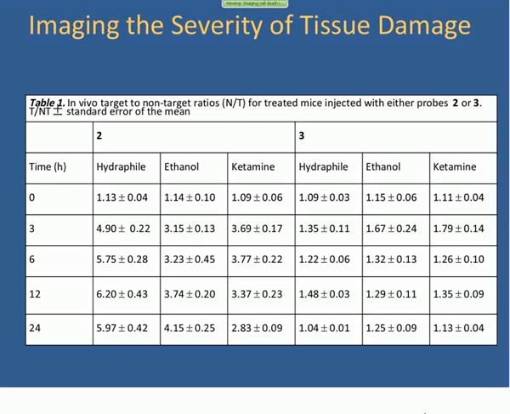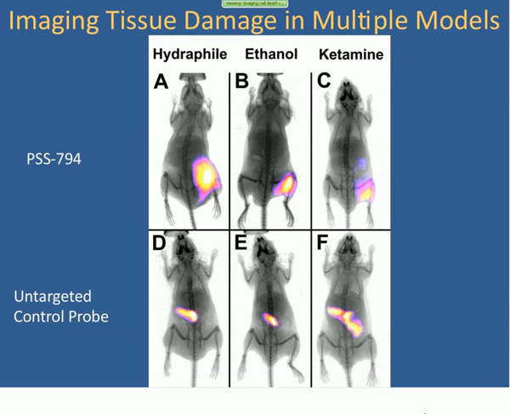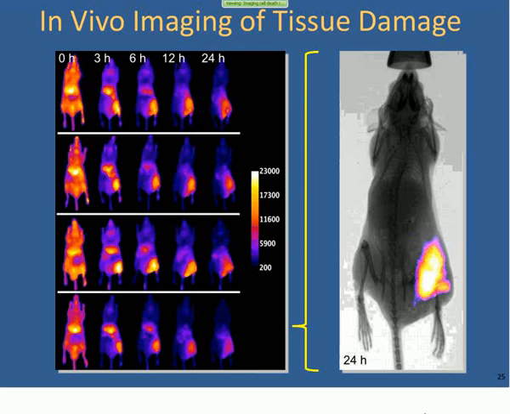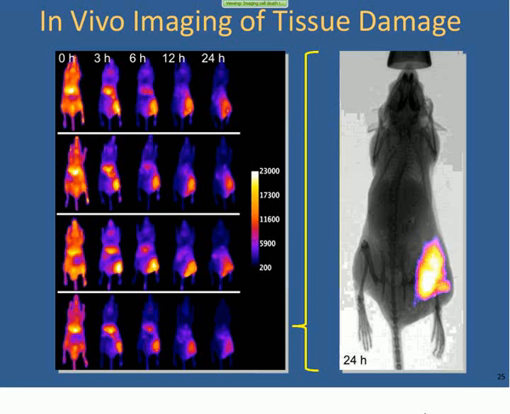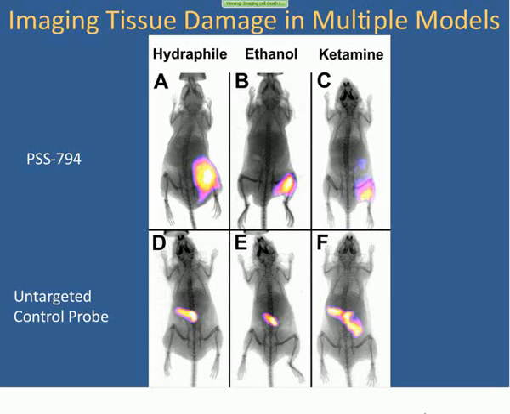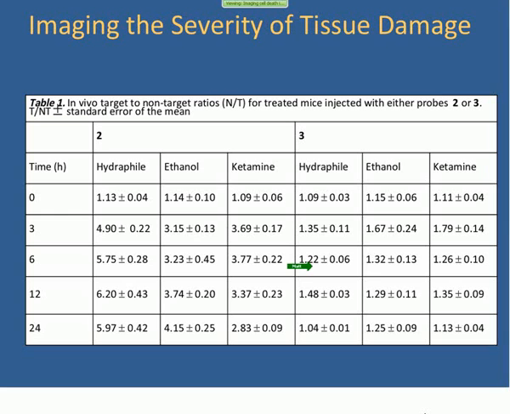And what you can see is whenever we use 2, this is the TSS794 compound, we get very good target to non-target ratios in each of the 3 models, ranging from 6 to 4 to around 3, whereas with compound 3, which is the untargeted control, and so that means we're simply taking the, let me go back one more, we're taking this fluorescent part and removing the affinity group.